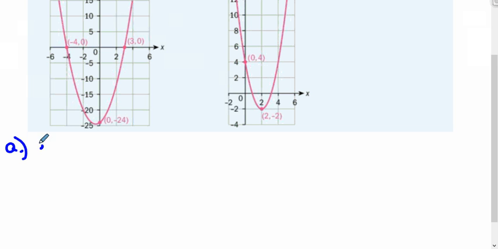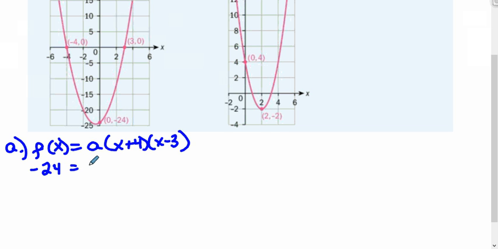So for A, it's f of x equals, I don't know my stretch factor, and then x minus a negative 4, so plus 4 times x minus 3. Now I have to find my parameter. So in order to find my parameter, I have to substitute in a point that's on here. They gave me this point. So negative 24 goes in for your y, a, and then 0 goes in for x, and 0 goes in for the other x.